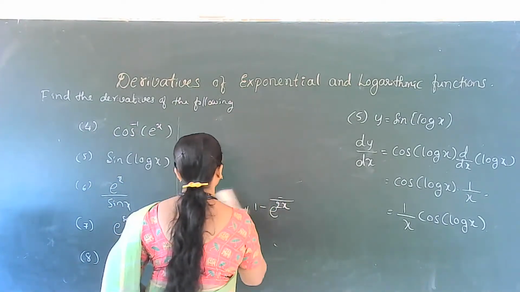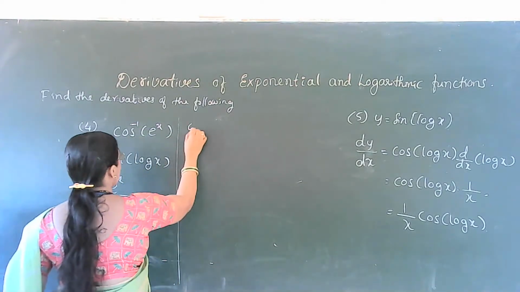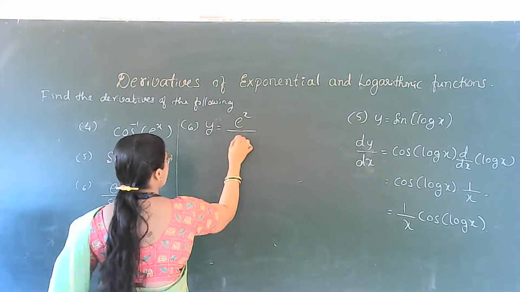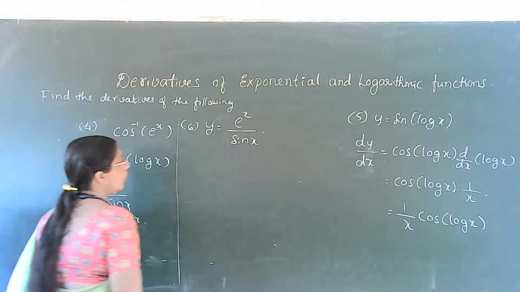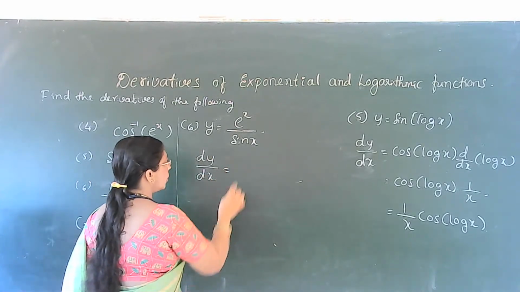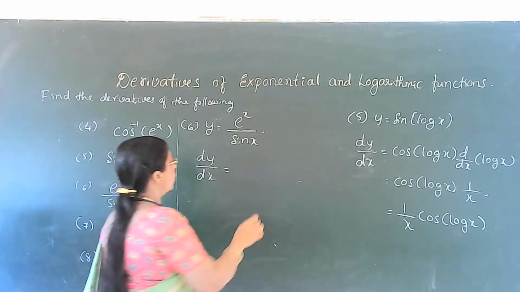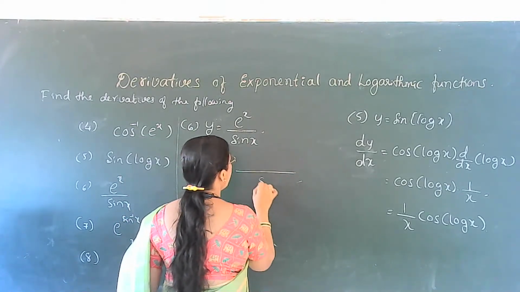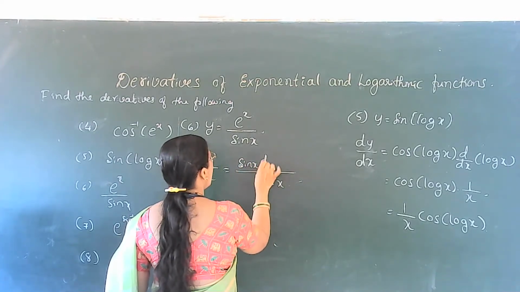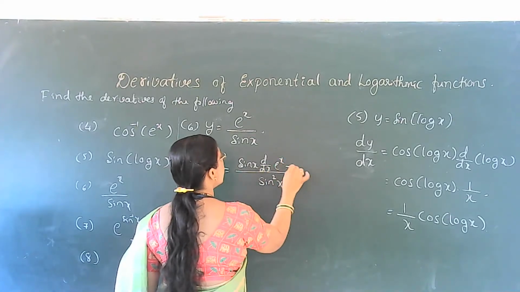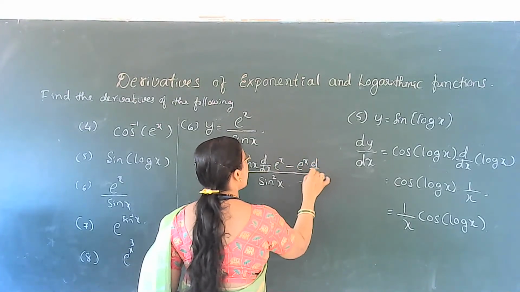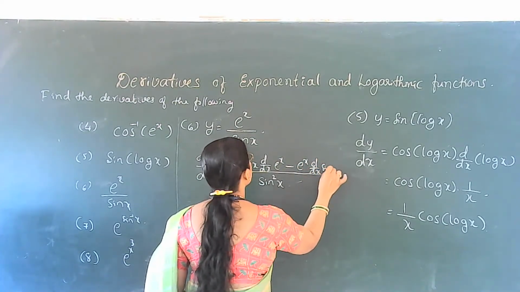Then next function is the sixth one. y is equal to e to the power x divided by sin x. dy by dx is equal to, it's a u by v form. Therefore, v square, the denominator sin square x, v into d by dx of u, that is sin x into d by dx of e to the power x, minus e to the power x into d by dx of sin x.